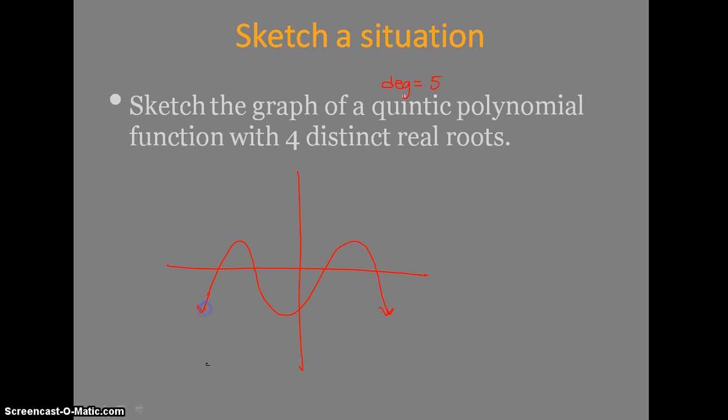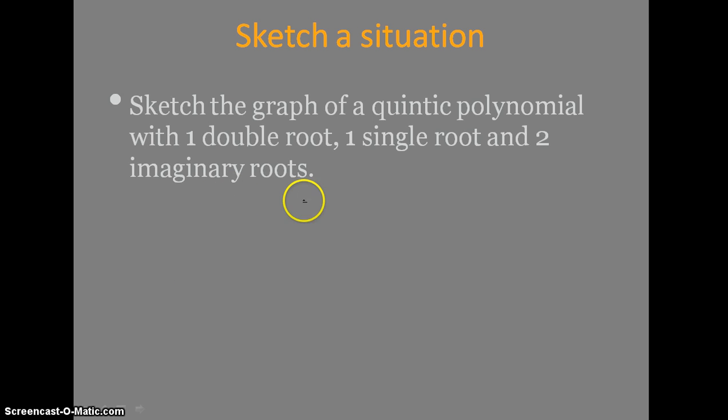And I'm looking at that and realizing with my 3 bends that this one is a degree 4. So there is no way to be able to get a degree 5 with 4 distinct real zeros, because that would only leave 1 complex or imaginary root. And you cannot have just 1 of those, just like I talked about. They have to be 2 or 4 or 6 of them. They come in pairs.